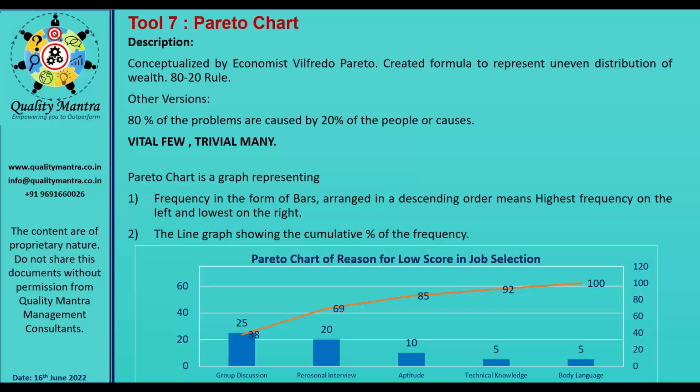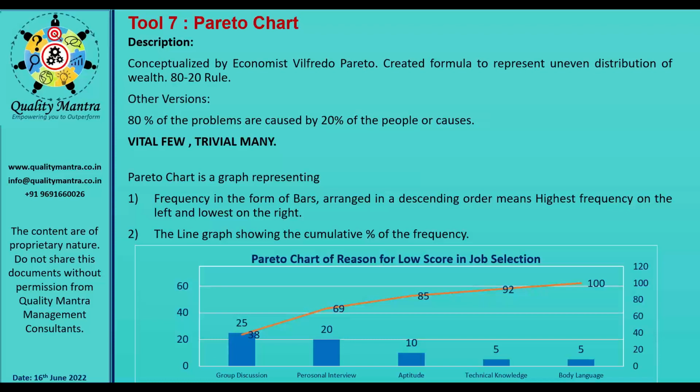He said that 80% of the wealth is with 20% of the people. He did this to show the wealth disparity, the economic disparity within society.